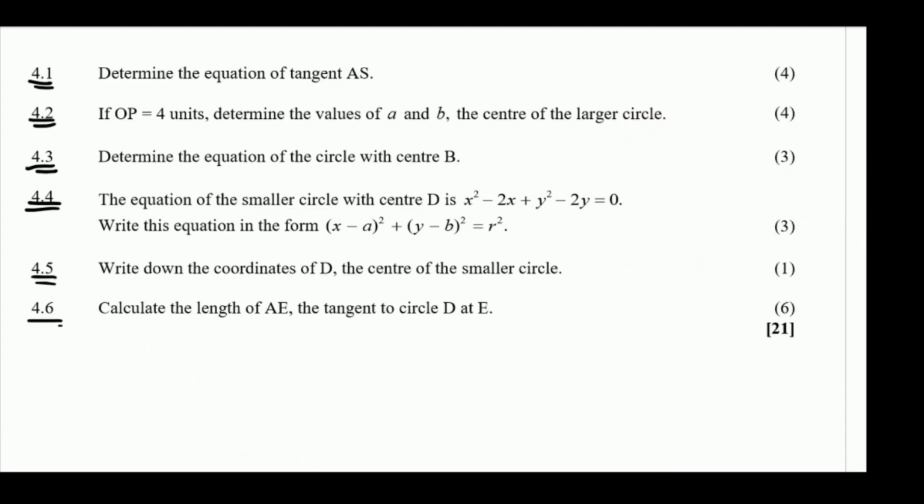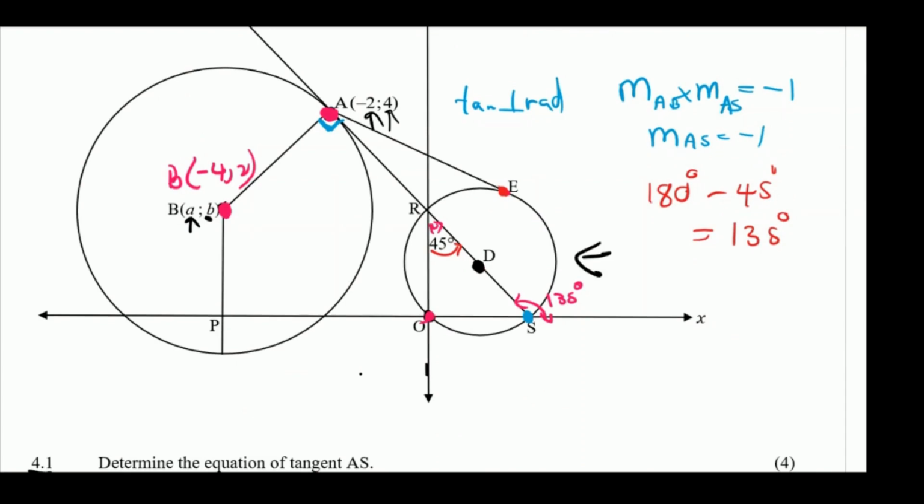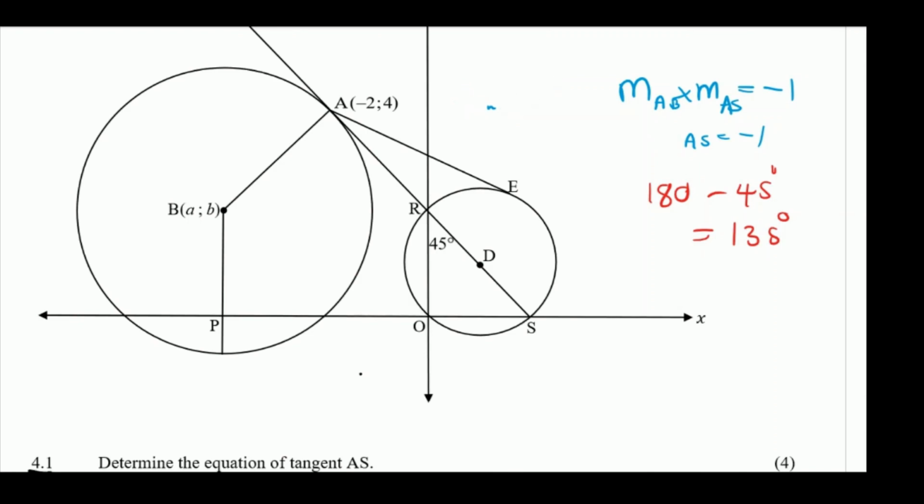Now 4.6, we are asked to calculate the length of AE, the tangent to circle D at E. This needs us to go back to our diagram, so let me clear it so that we can see clearly what's going on. To find the length of AE, let's first draw this triangle.